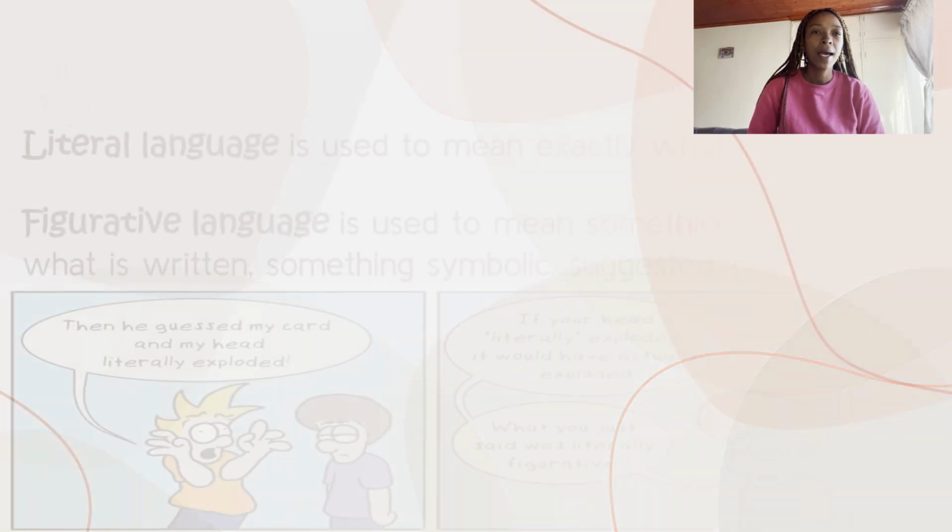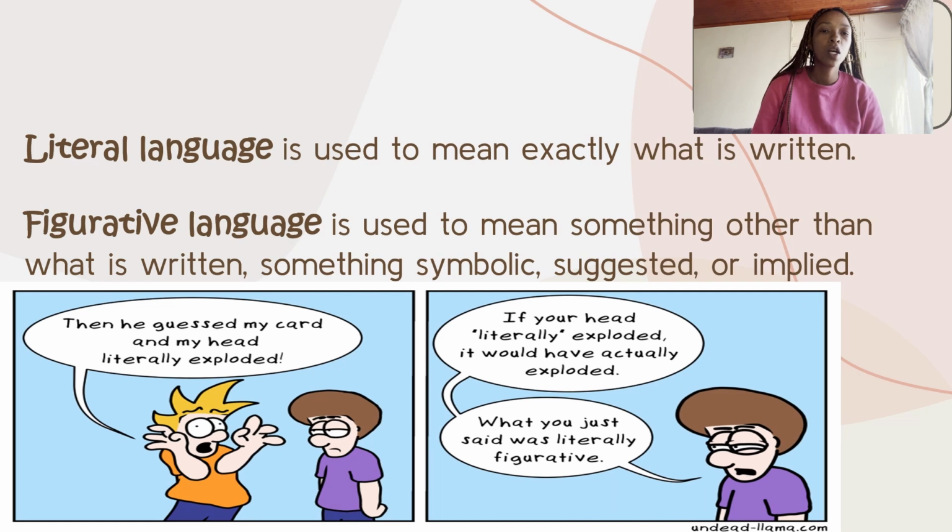It so often happens that the learner usually goes towards literal meanings and responds mostly in literal meaning and forgets that there's a figurative aspect to the poetry pieces. Literal language is just saying it exactly the way the poet has said it, while figurative is used to mean something other than what was written, something symbolic, something suggested, or something implied.